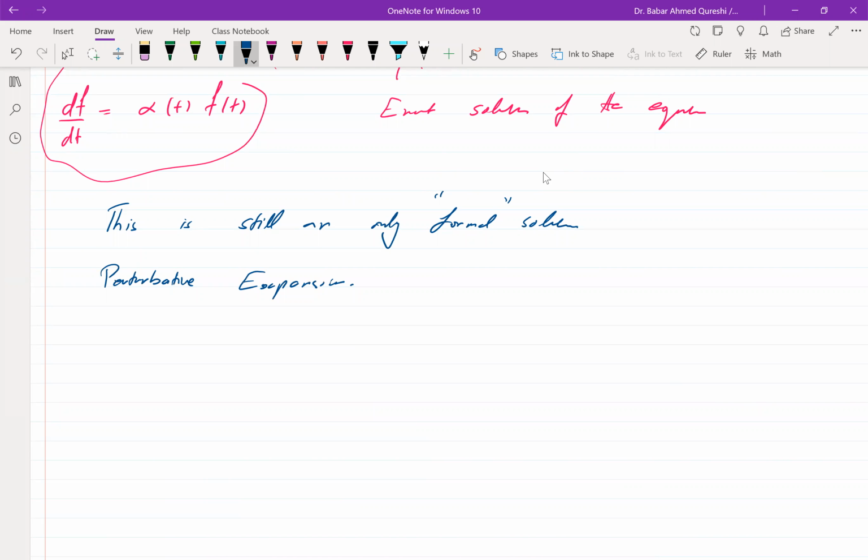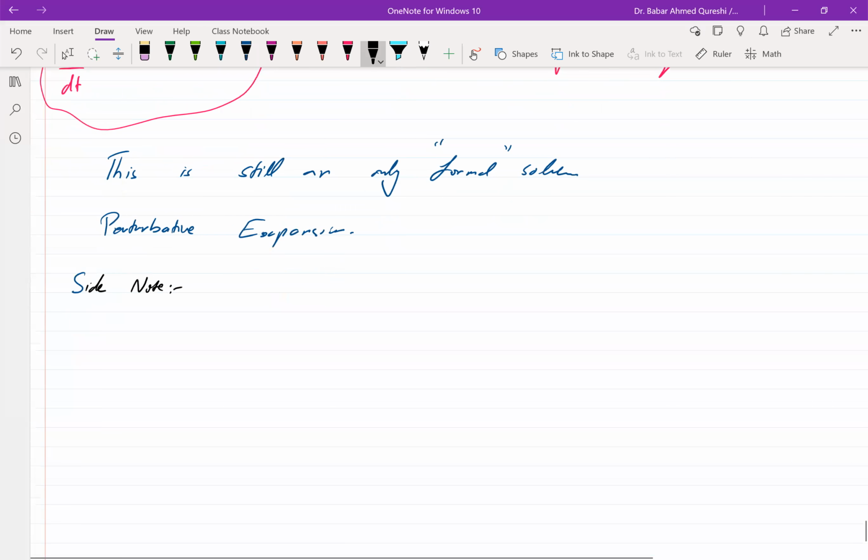By the way, just a side note, this same integral, you can give it another shape. I think we will not be using it in our calculation, but let me just mention it.